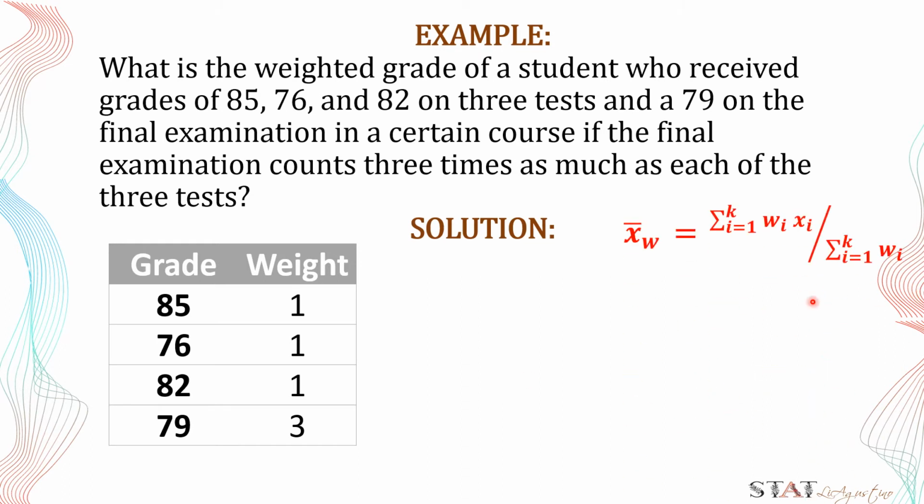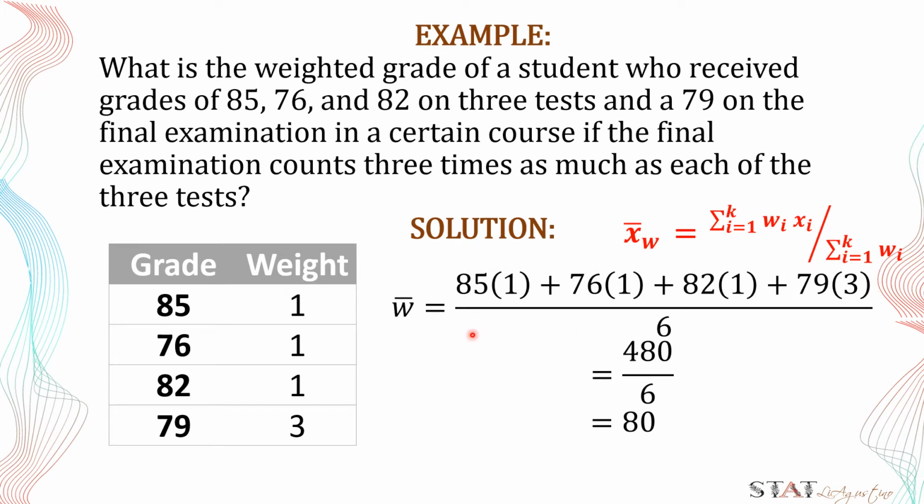And then by our formula, the x bar w, or the weighted mean, is equal to the summation of wi xi, where i ranges from 1 to k, over the summation of the total weight. So equal to 85 multiplied by 1 plus 76 multiplied by 1 plus 82 multiplied by 1 plus 79 multiplied by 3, over the total weights.